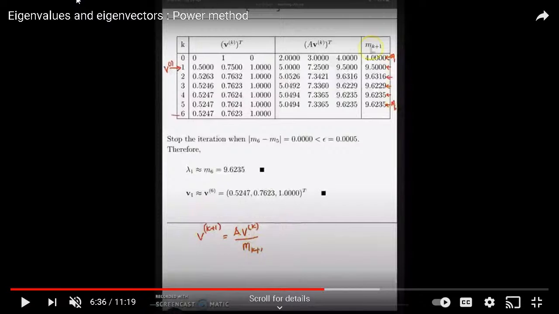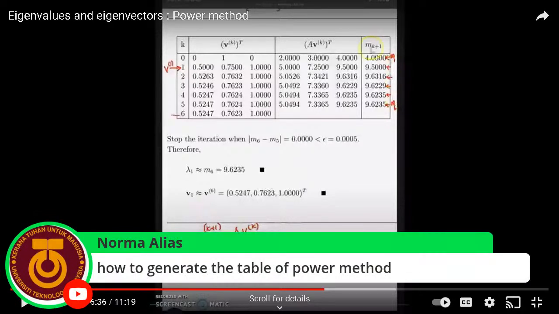Now I want to ask you a question. How to generate the table of power method to find the dominant eigenvalue, lambda 1?